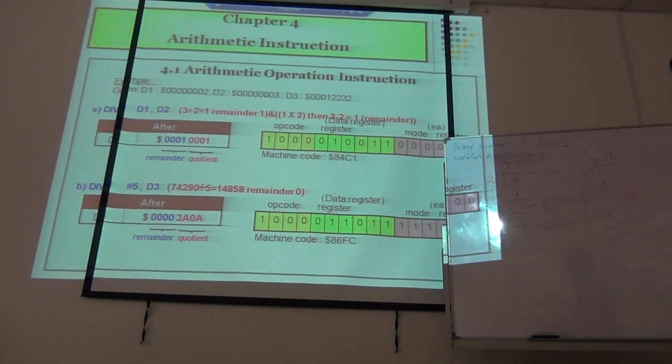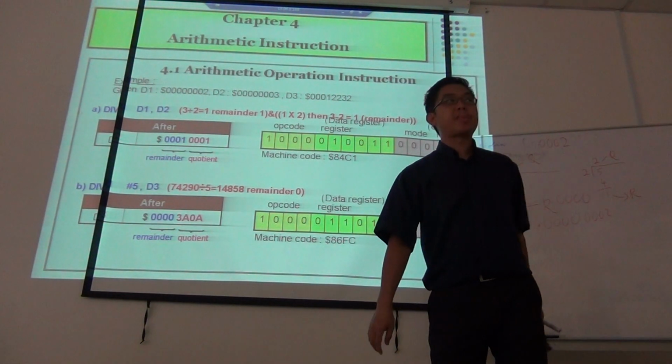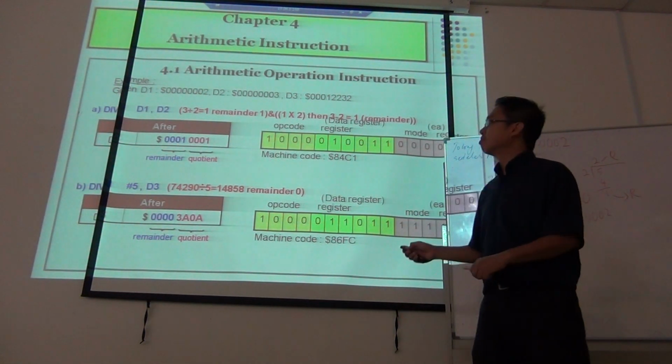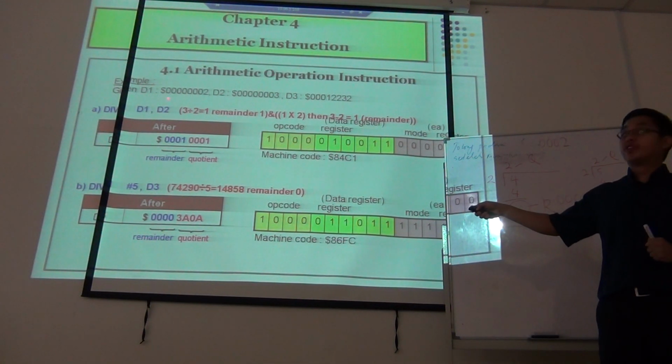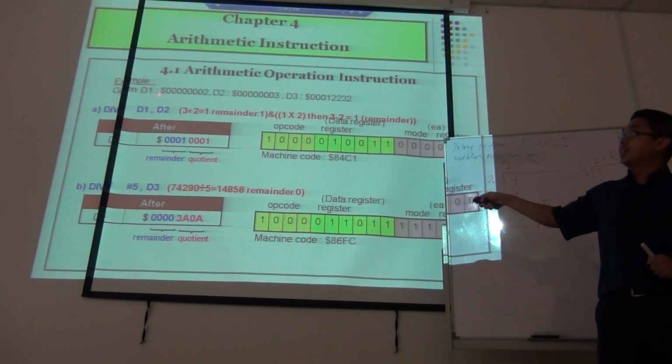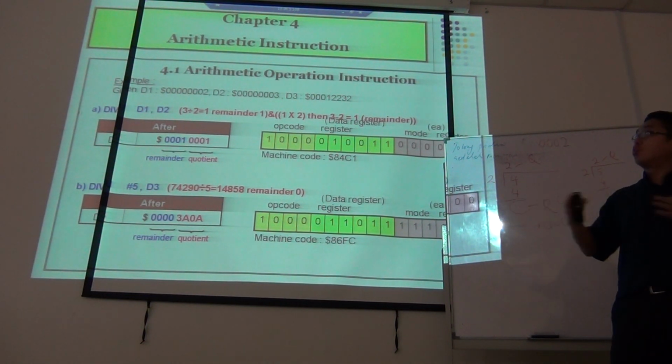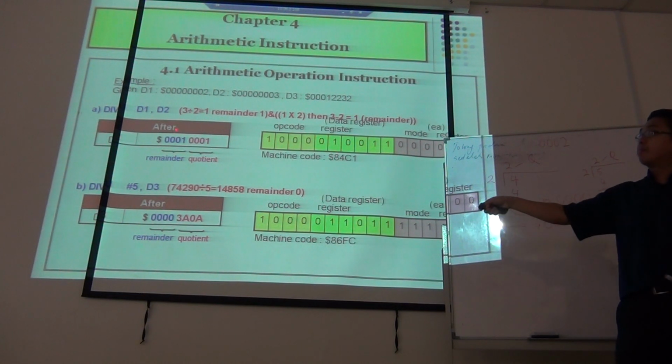Okay, let's look at an example. Now look over here. The first one, D1, D2. D2 you have to take the whole long word and divide by D1.